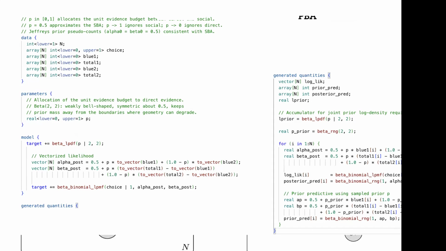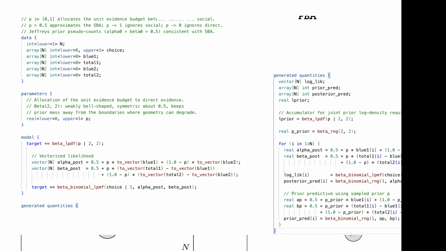In the parameters, instead of having weight direct and weight social, we have a parameter P. I called it P because rho looks like a P; it should have been an R. P has a beta distribution as a prior because it goes from 0 to 1, a ratio between two numbers that sum up to 1.